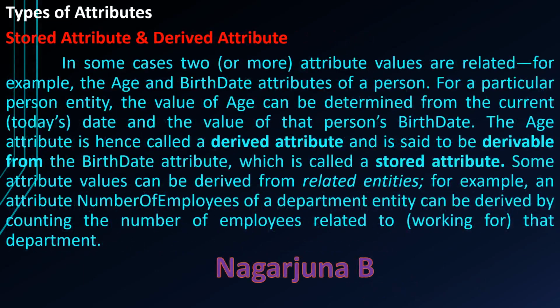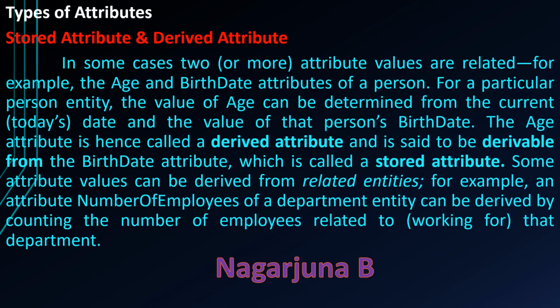The next kinds of attributes are the stored attribute and the derived attribute. In some cases, 2 or more attributes will be related. For example, the age and date of birth attributes of a person. For a particular person entity, the value of age can be determined from the current date and the value of the person's date of birth.